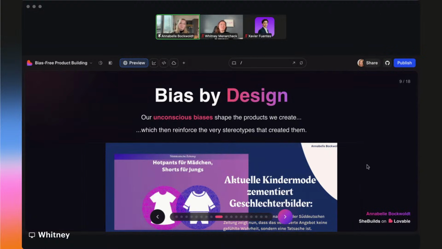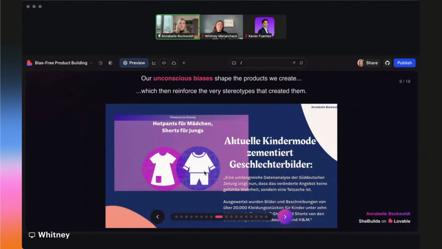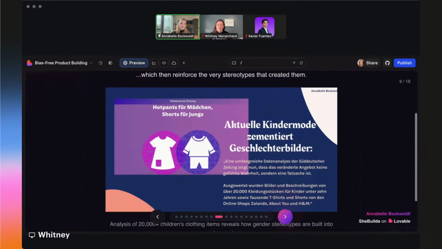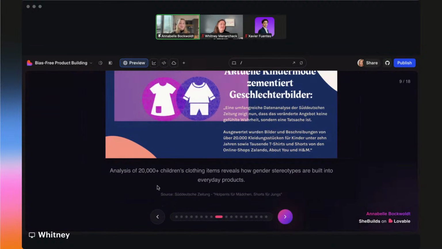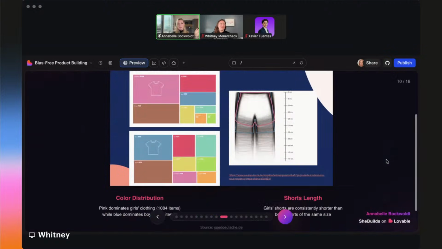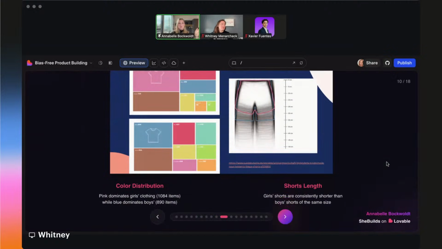And I have one example. This was actually a news report by a German news magazine. They figured out that, out of an analysis of 20,000 children's clothing items, gender stereotypes were basically reinforced. To give you some more data on this, if we look at the color distribution, pink shirts dominated the girls' clothing and blue dominates the boys' clothing.